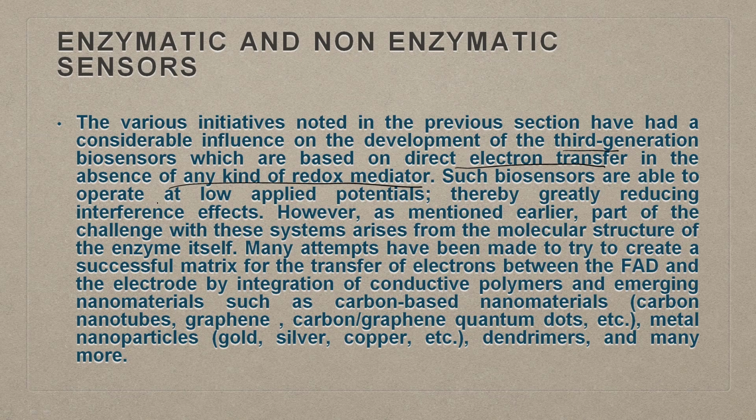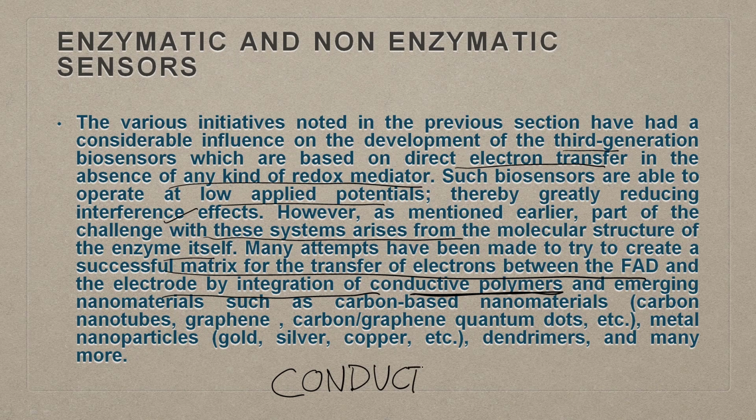Such biosensors are able to operate at low applied potentials, thereby greatly reducing interference effect. However, as mentioned earlier, part of the challenge with these systems arises from the molecular structure of the enzyme itself. Many attempts have been made to create a successful matrix for transfer of electrons between the FAD and the electrode by integrating conductive polymer.